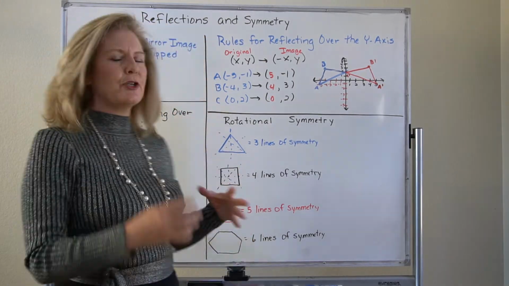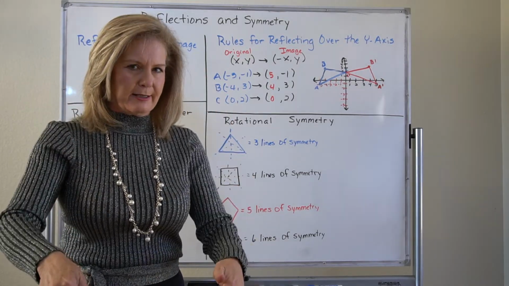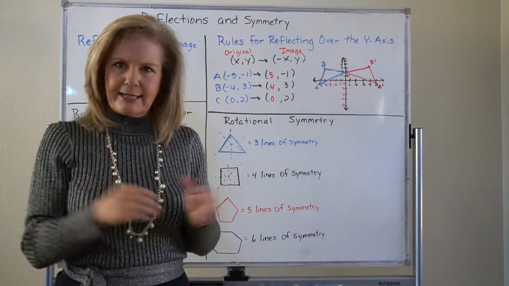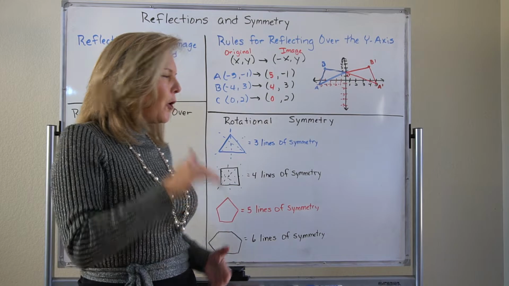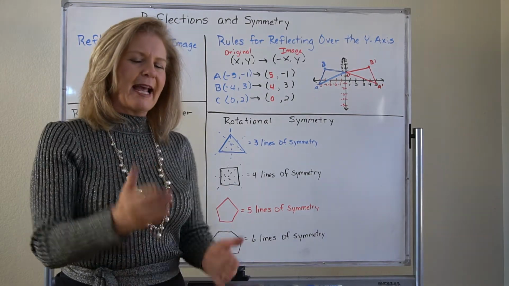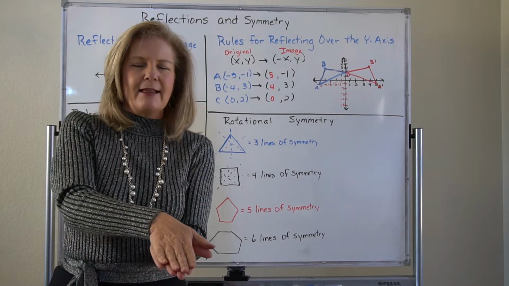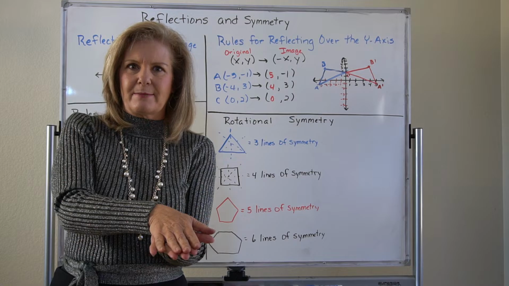So when we go and do rotational symmetry with regular polygons, so that means all the side lengths are the same measure, all the angles are the same measure, all we have to do is count the number of angles they have, and that tells us exactly the number of lines of symmetry or rotational symmetry they have.